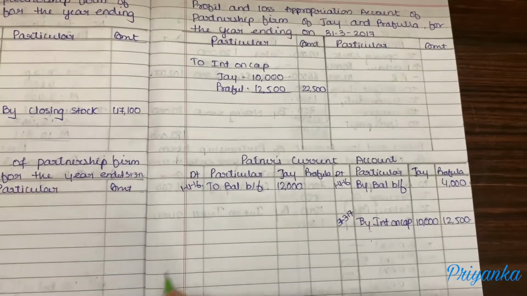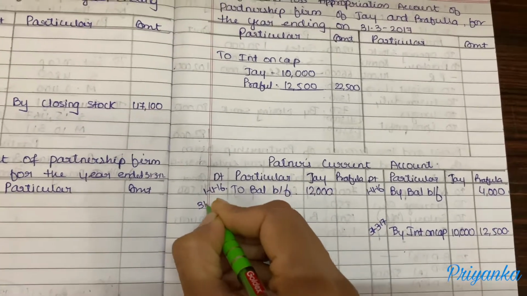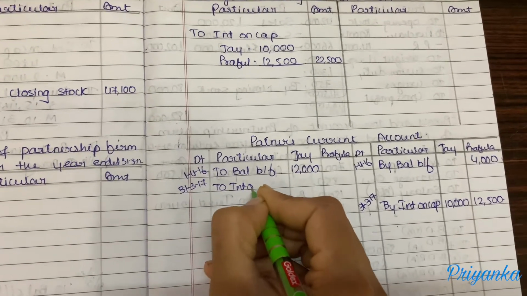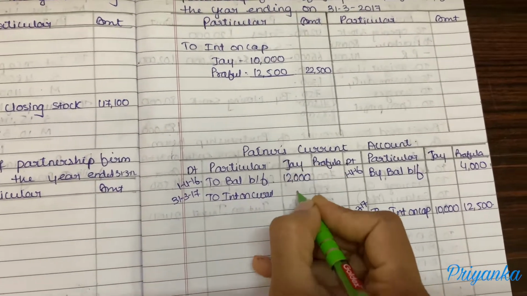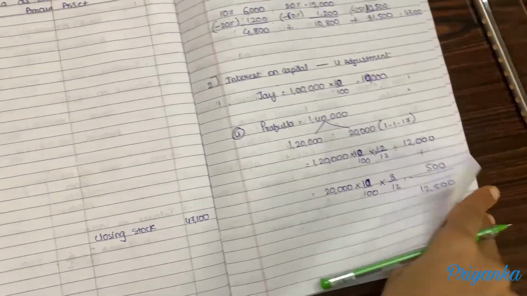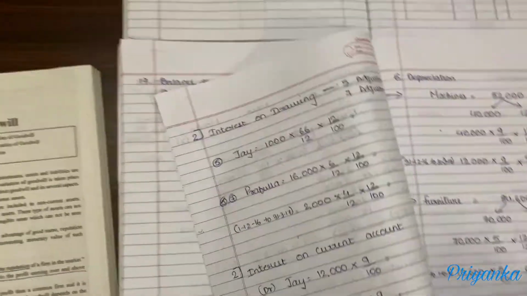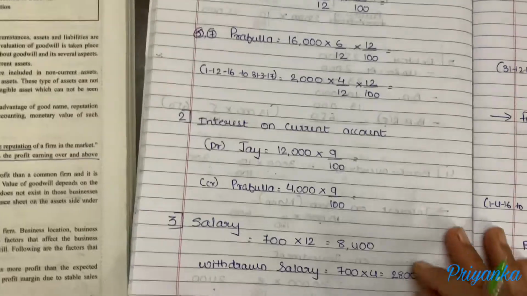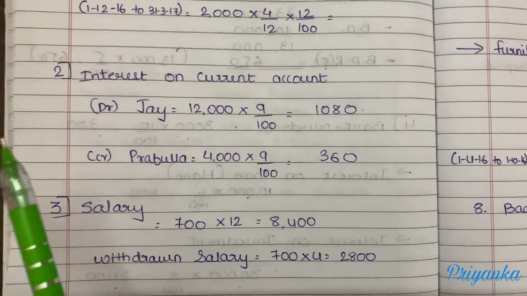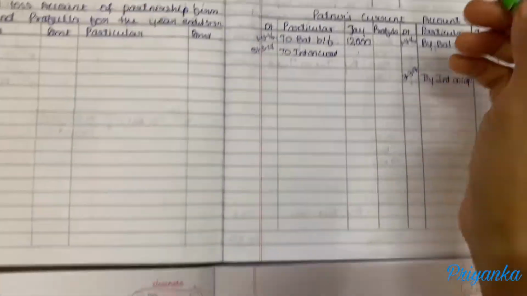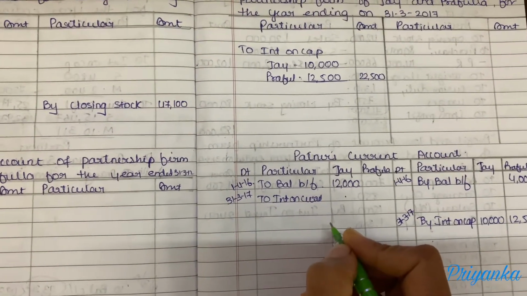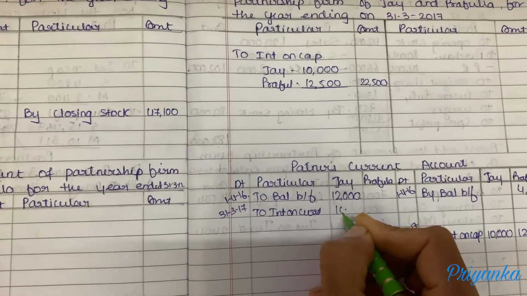Now we'll write down interest on current. So here again, 31st March 2017. On the same side, first I am writing interest on current for J. Before we go, first we'll make a calculation. Here I am ready with the calculation. The calculation of interest on current account is ready. Now we just move to the account and write down for J, it is 1080.